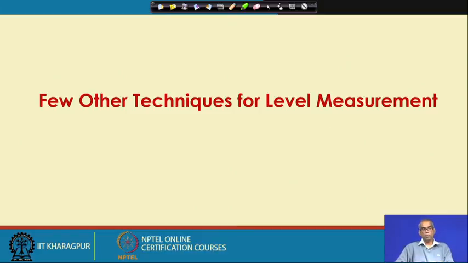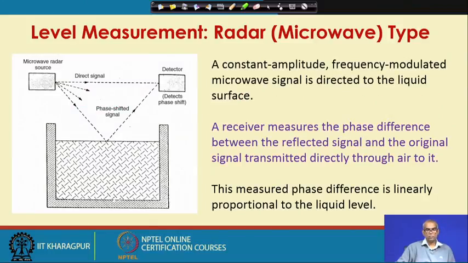Now, we will talk about few other techniques for measurement of level. Let us talk about a technique which is similar to ultrasonic type level measurement. This is radar type or microwave type.